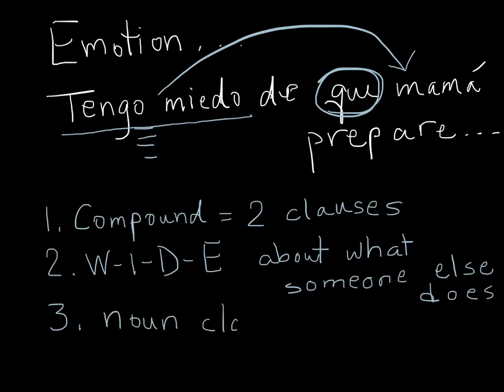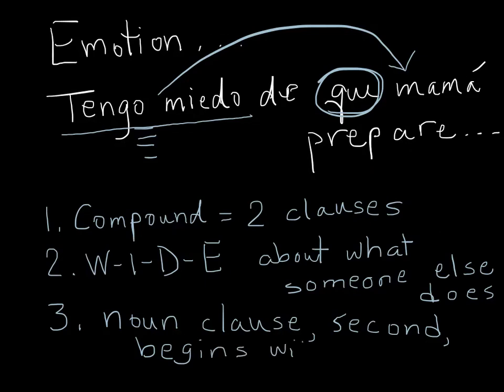Okay, and the third thing that we've said so far is that the noun clause that will contain subjunctive, for us, we're going to keep the noun clause second in our sentence, so we won't start with it. You could move it around, but we won't. And that noun clause begins with que. That's in 99% of sentences, and that's good enough for us. All right, so we're going to be looking for these really specific determining things before we decide to use subjunctive. Compound sentence, two clauses, which are like mini sentences.